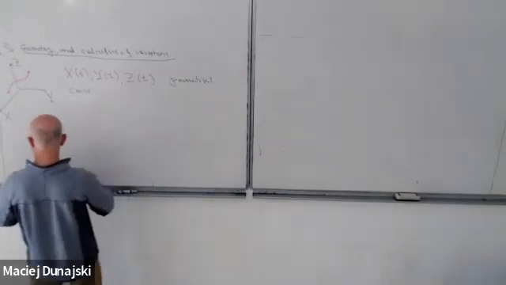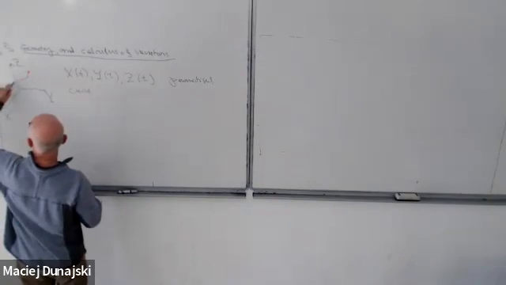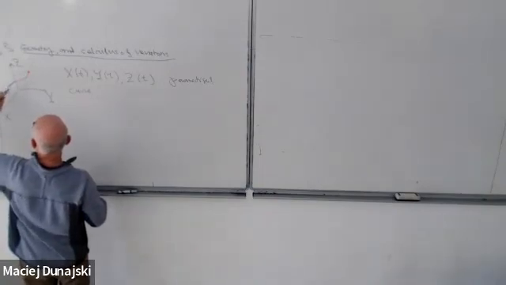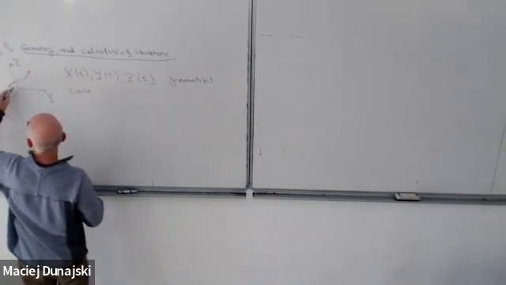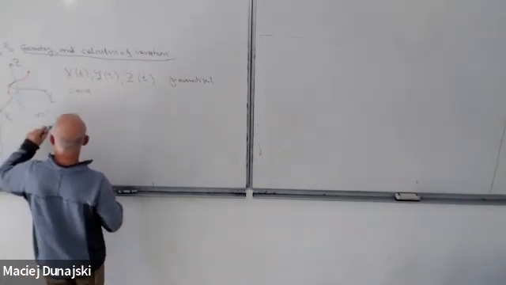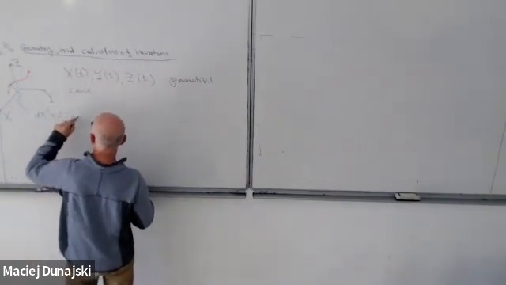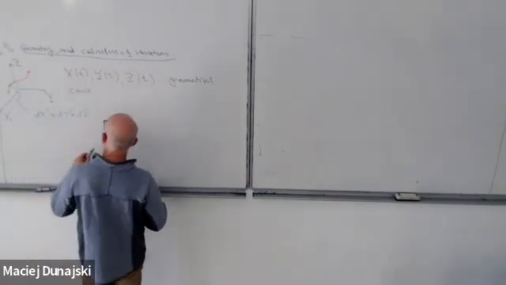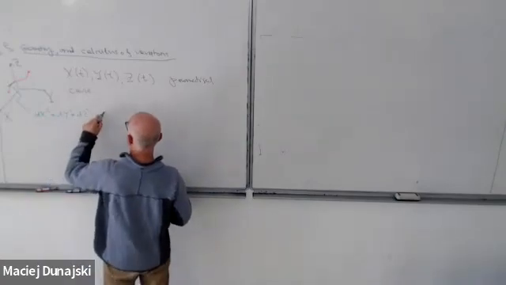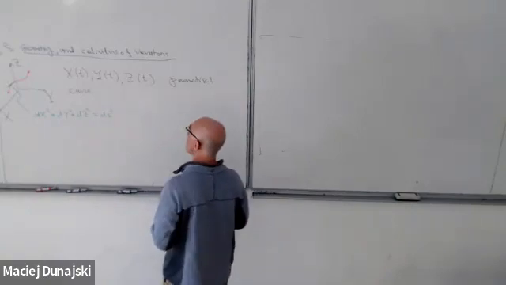So if we take a very small segment on this curve, then the square length of this segment is dx squared plus dy squared plus dz squared. So that's ds squared, the squared line element.